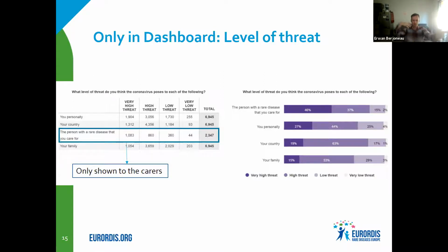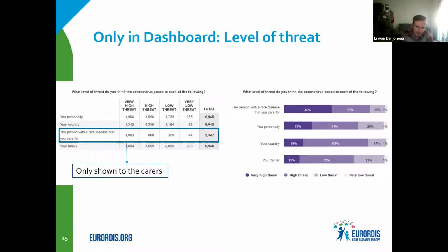And so now I'm going to just show you the things that you need to pay attention to when reviewing this document. You will see on the frequency table that sometimes the total will drop significantly, and most of the time it is because this particular item was only asked to carers.